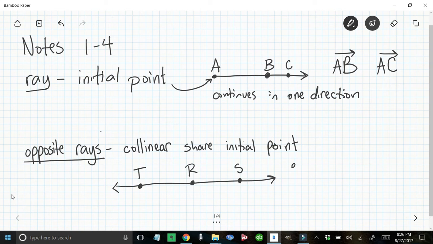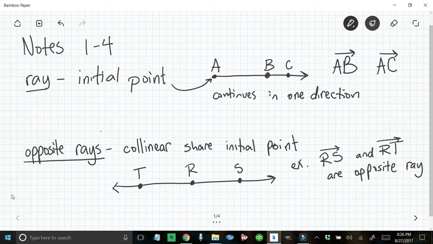So an example of opposite rays would be ray RS and ray RT are opposite rays. And the way you're going to see this is it might just say in the directions that a couple things are opposite rays.